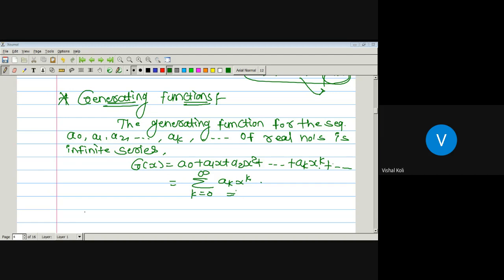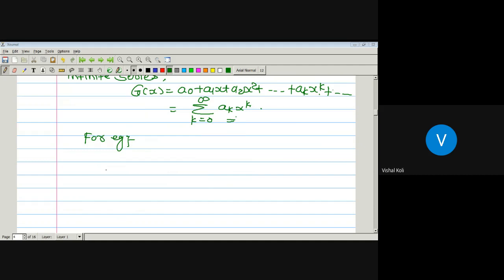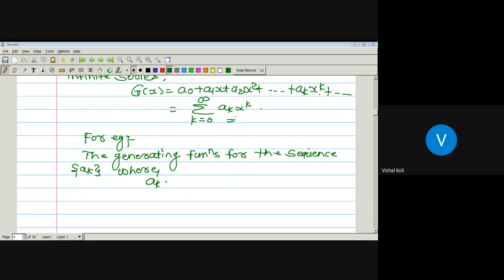Okay, for example, the generating functions for the sequence ak, it means the kth, this will be any general term, where ak is equal to 2, ak is equal to 3 raised to k, and ak is equal to k plus 1.